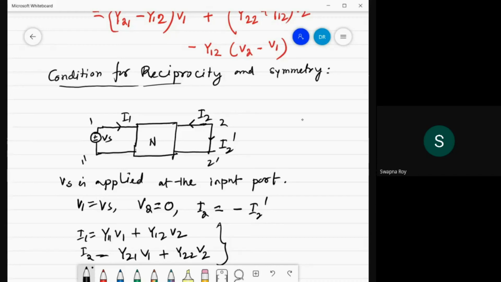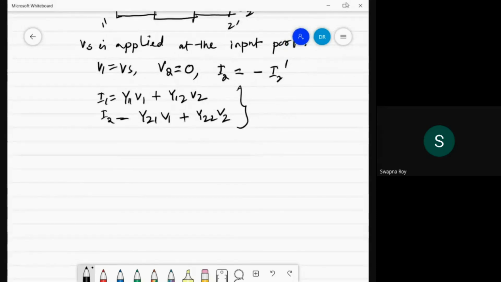So now, when output port is shorted, I2 will be I2 dash. So I can write minus I2 dash is equal to Y21 V1. And this is 0 as V2 is equal to 0.